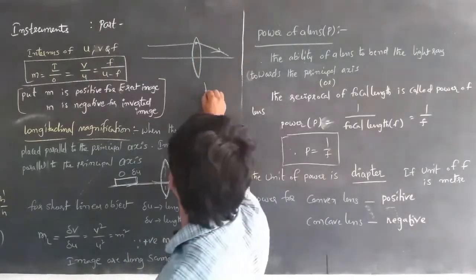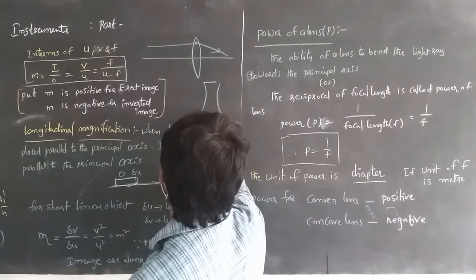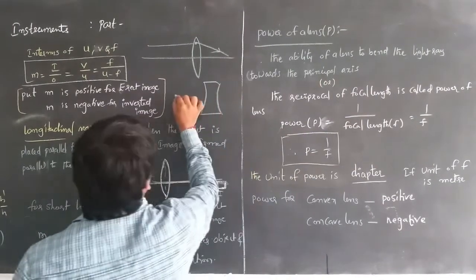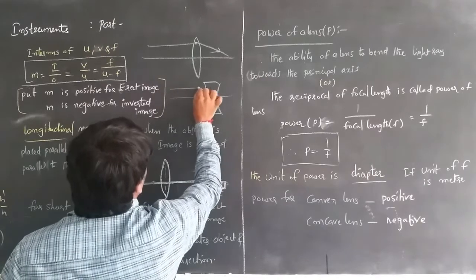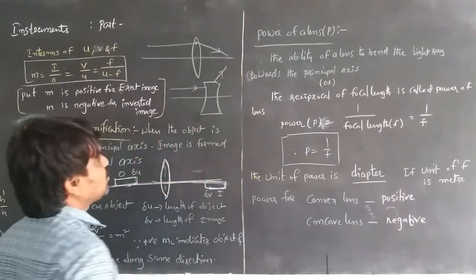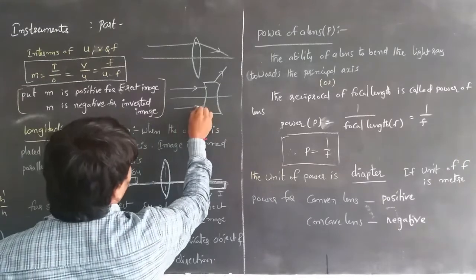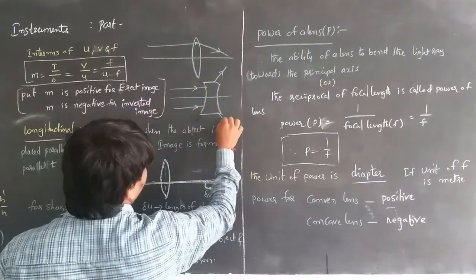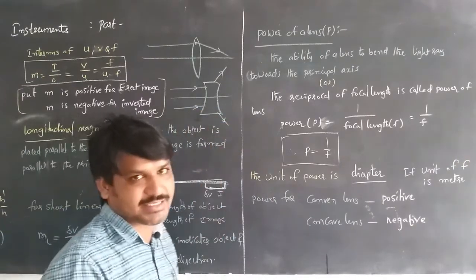In case of a concave lens, a diverging lens, the light rays diverge, moving away from the principal axis.